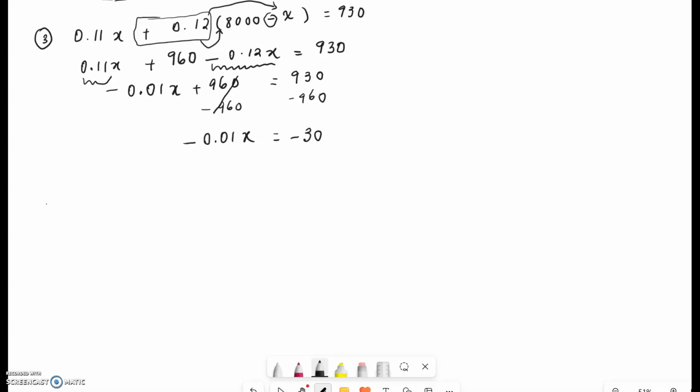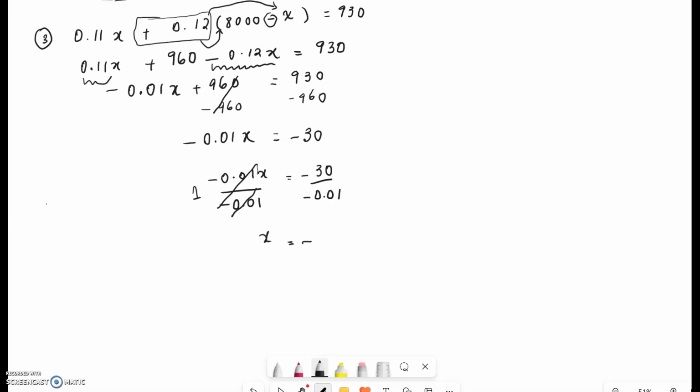negative 30. Now divide both sides by negative 0.01. Do the exact same thing on the right, negative 0.01. And the reason why we do that is that it's equal to 1. 1 times x is x.